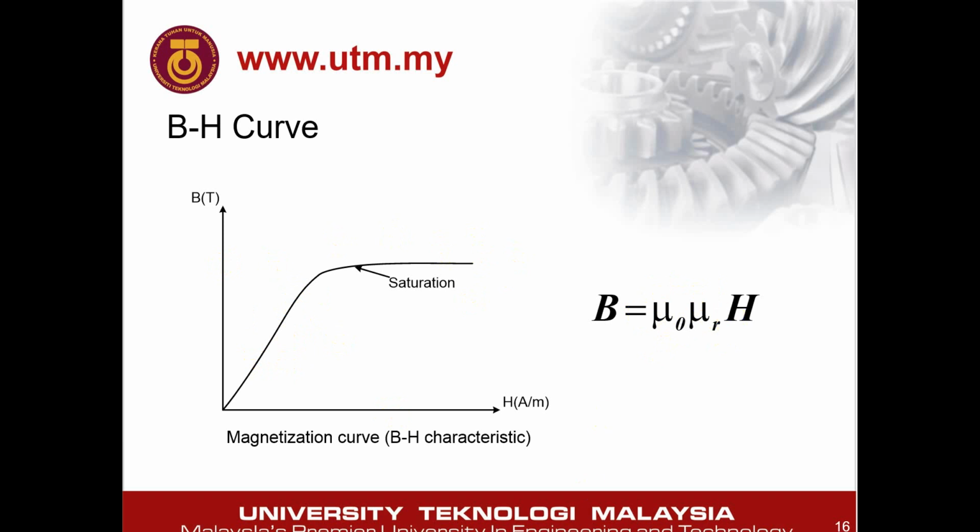Usually the question will give the mu value, then you have to plot the BH curve. It is like a linear equation, y equals mx plus c, with c equal to 0. Mu is the slope m, B is y, H is x. You just plot it, and sometimes they will give the saturated value, and you just stop there and then draw a straight line.